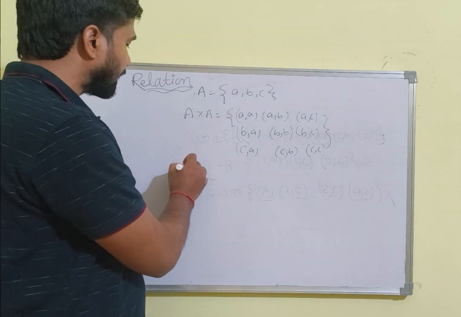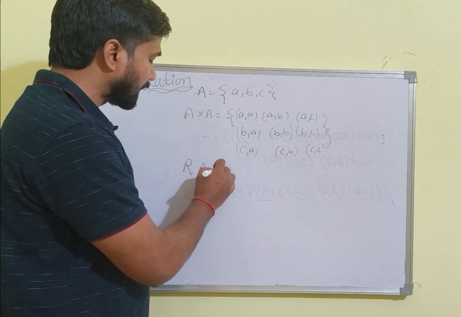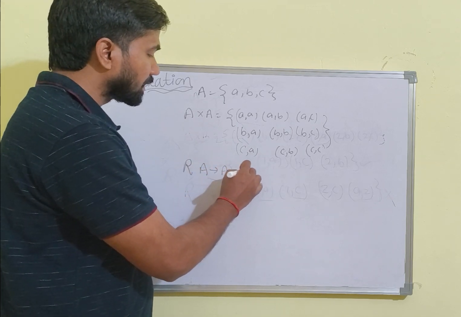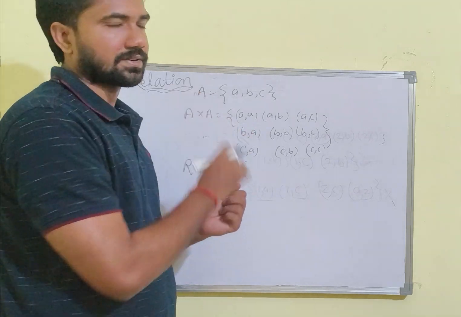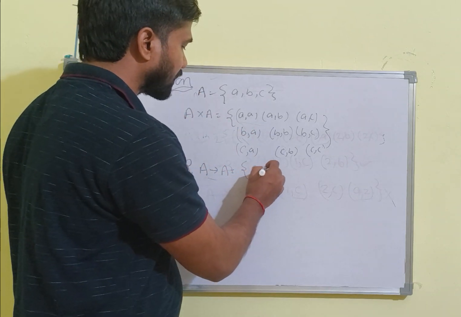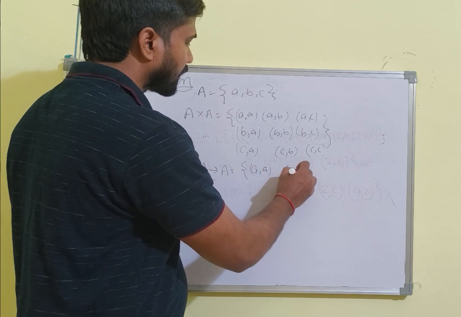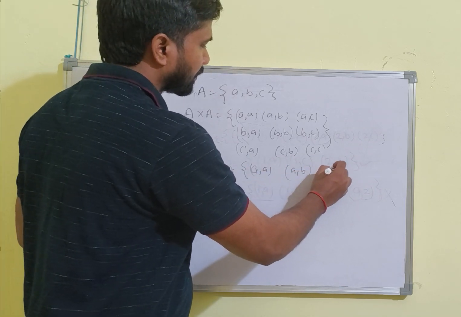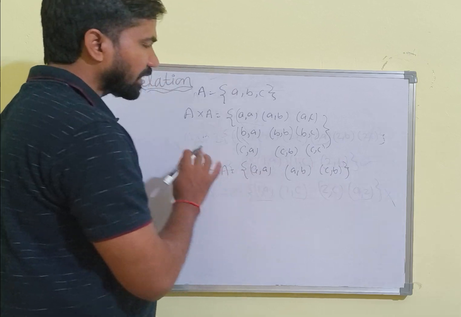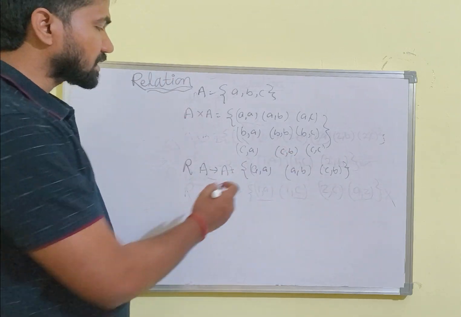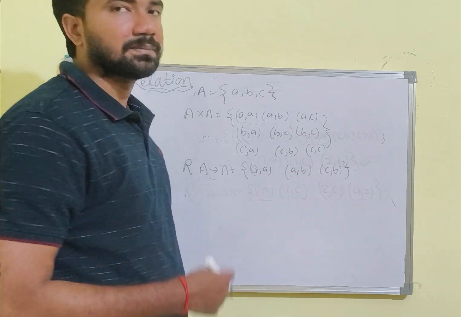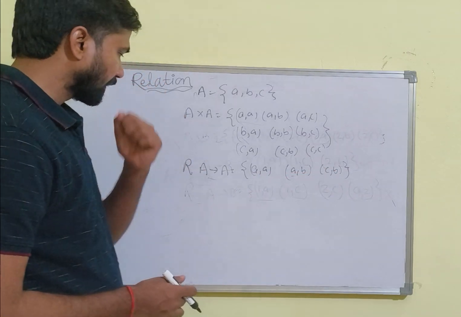If we are going to write a relation R from A to A, then this set must be a subset of A cross A. Like here, if you write (a,b), (c,b), this is a relation on A. Here the first element is known as the domain and the second element is known as the range.